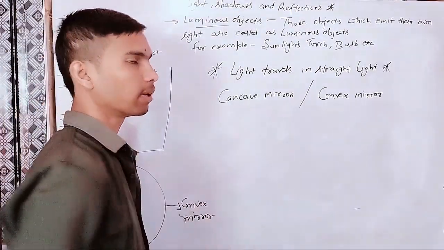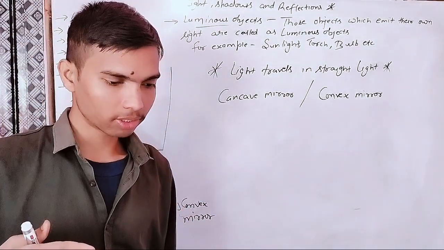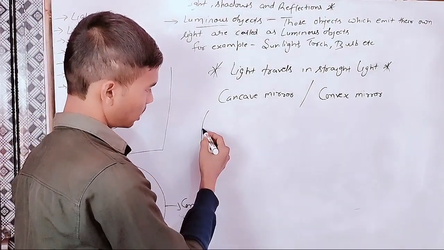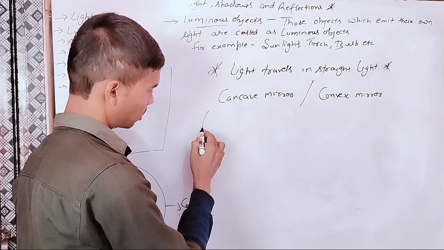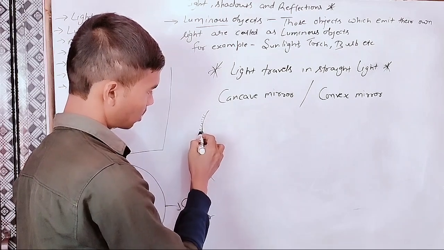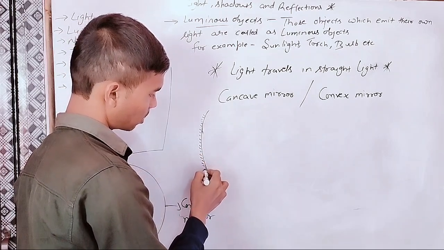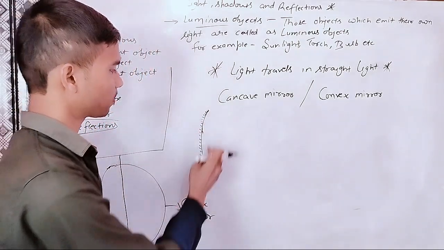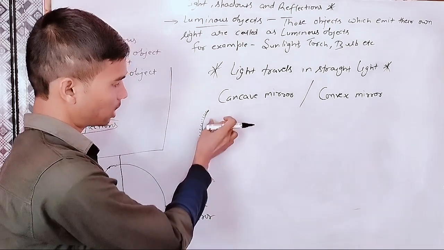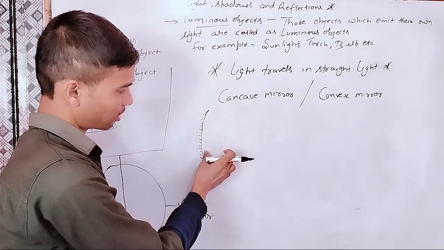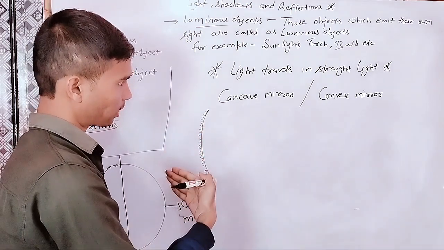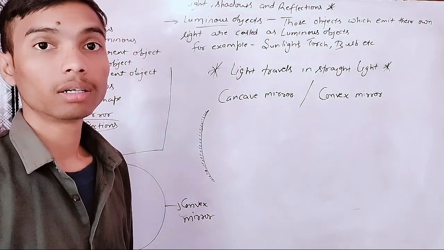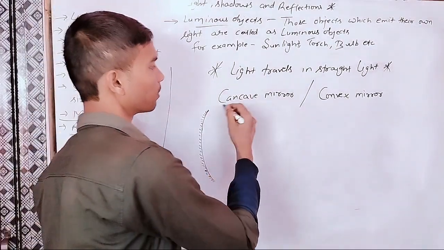So here concave means our surface would be inwards like this. Try to understand this inward area. The inward area is the explanation of a concave mirror.